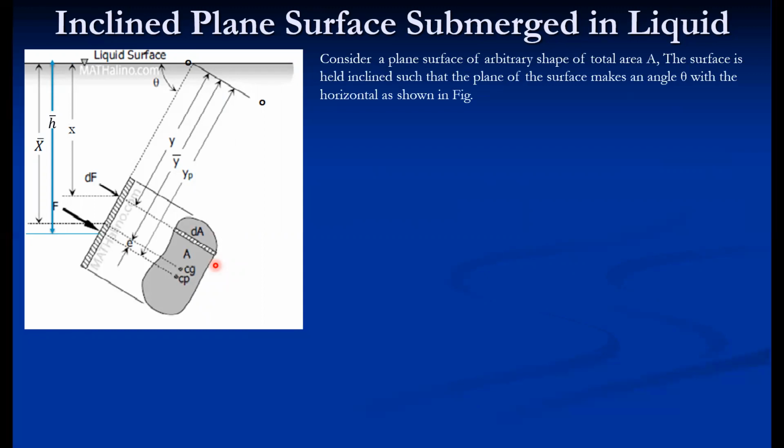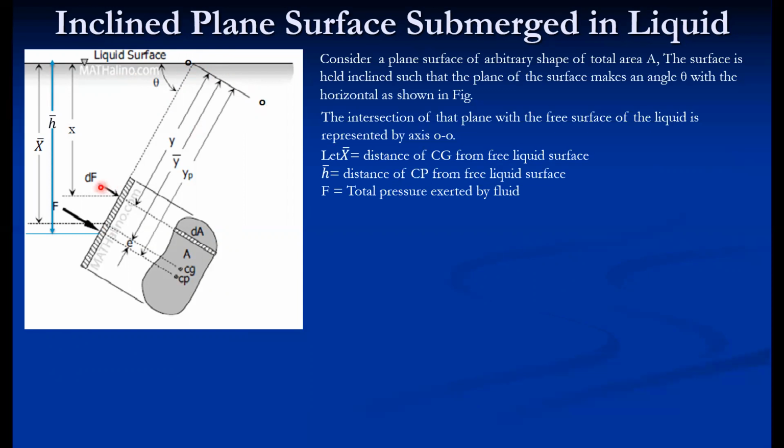So now we consider a plane surface of arbitrary shape of total area capital A. The surface is held inclined in such a way that the surface makes angle theta with the horizontal, or with the free liquid surface, as shown in the figure. The intersection of that plane, so this is a plane of the surface, with the free liquid surface of the liquid is represented by axis OO.